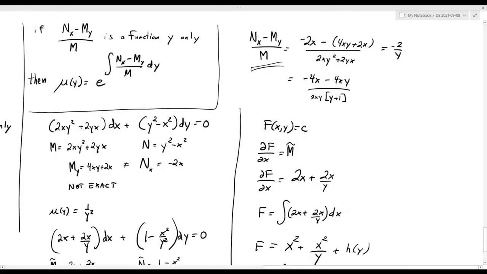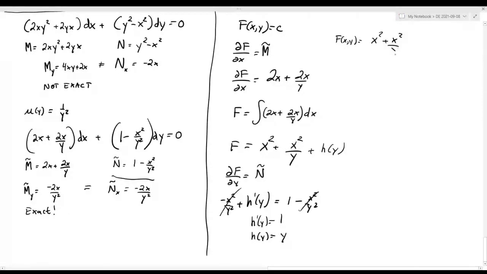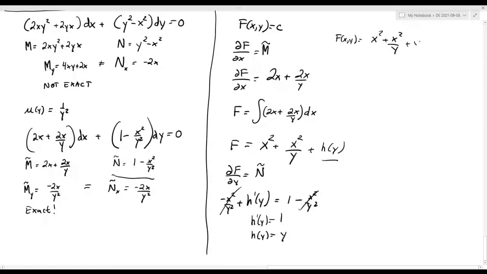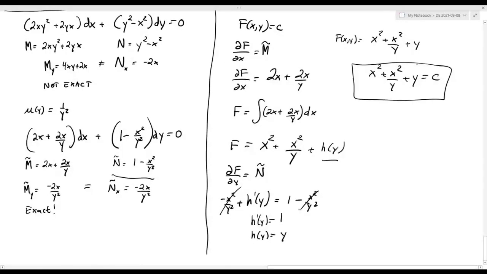So now we can update F. F is x squared plus x squared divided by y plus h of y, which we discovered was y. And so the level curve of this function is a solution curve to the differential equation.